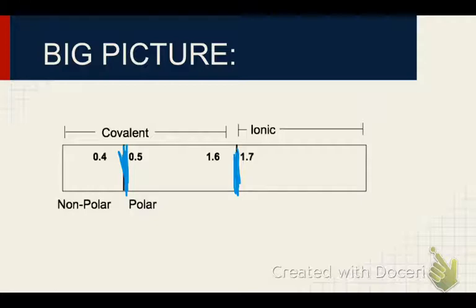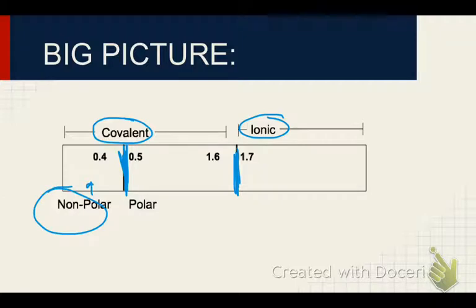And I need you to label anything below 1.7 as covalent and anything above 1.7 as ionic. And then to be even more specific, between 0 and 0.4, we're going to call that nonpolar covalent. And anything above 0.4 and up to 1.6, we're going to call that polar covalent.